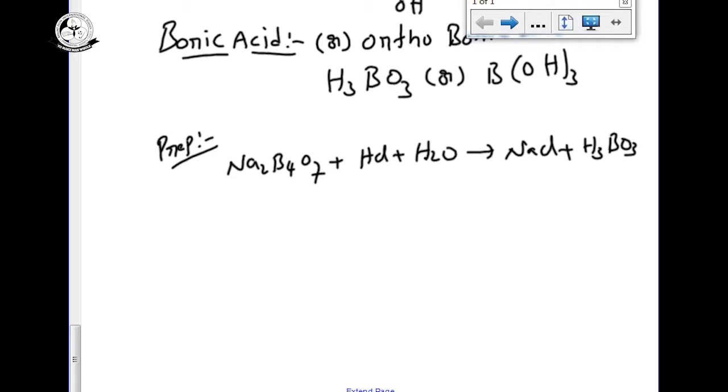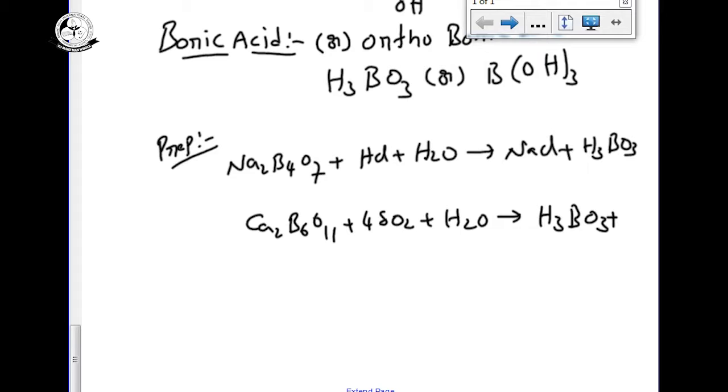And from colemanite also, from the previous equation, Ca2B6O11 on reaction with 4 moles of SO2 and water, we can get orthoboric acid H3BO3 and calcium hydrogen sulfite, Ca(HSO3)2.